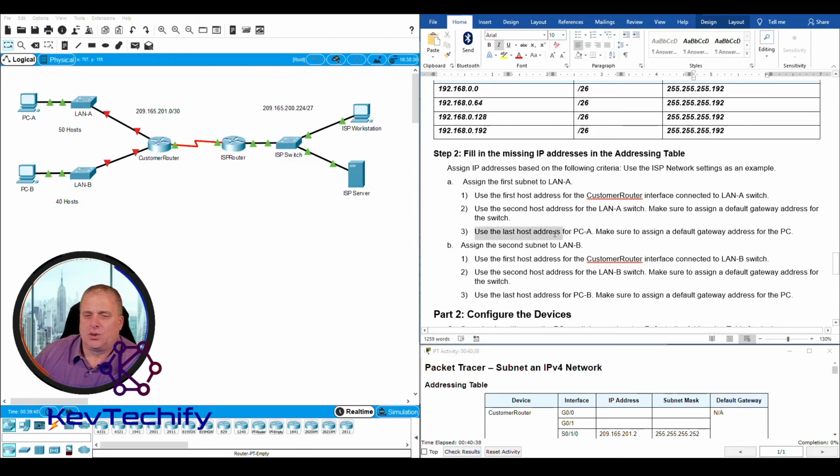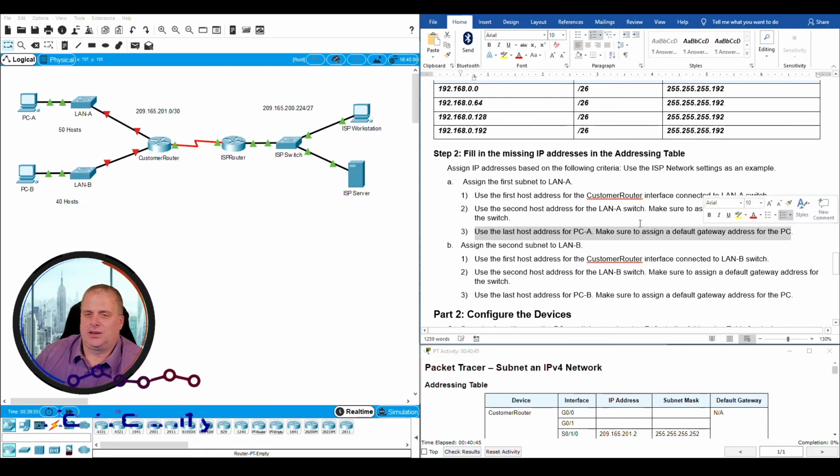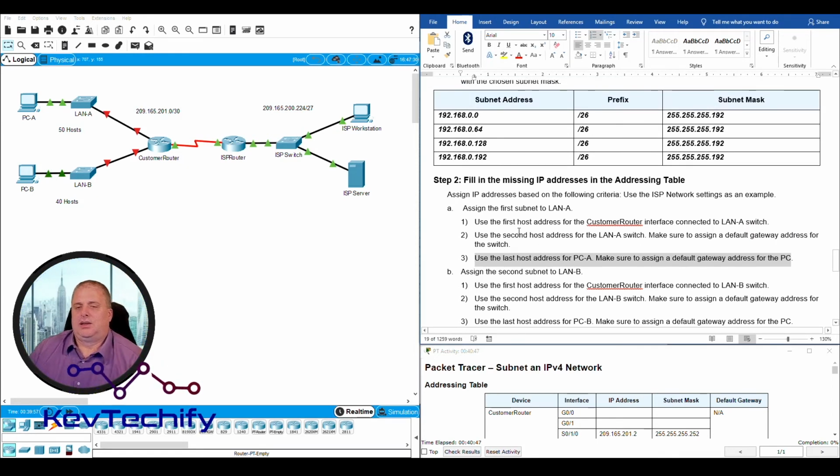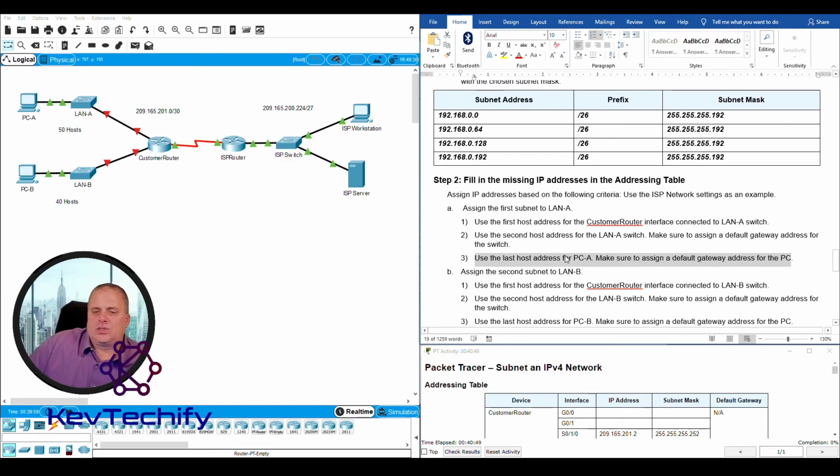Use the last host address for PCA. Make sure to assign the default gateway. Okay, use the last host address. Well, the first address of the next network is 64.